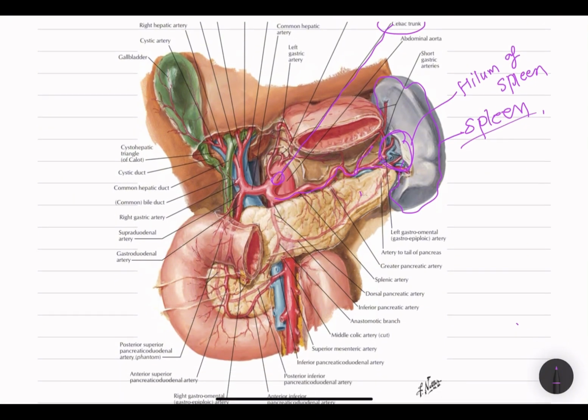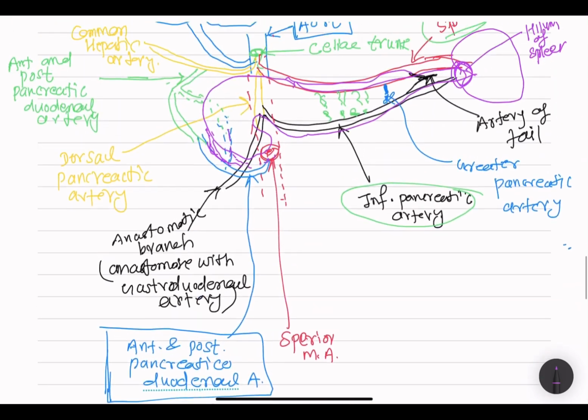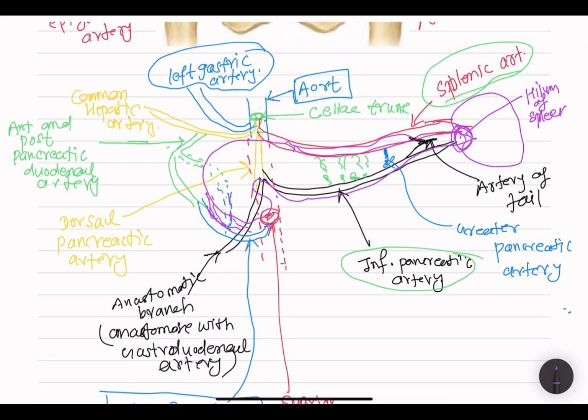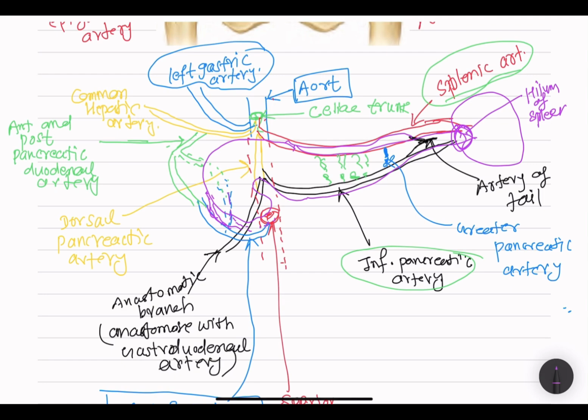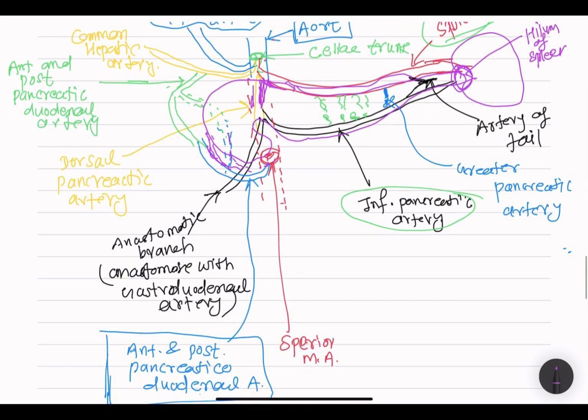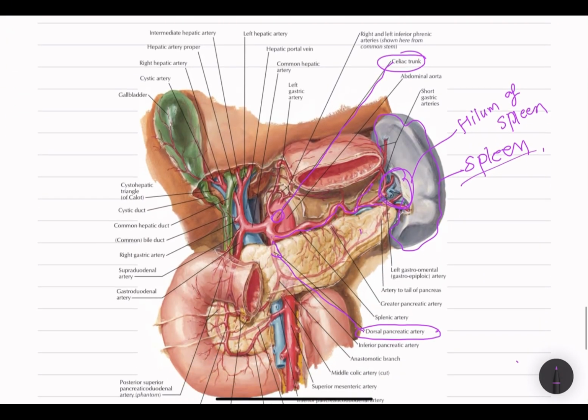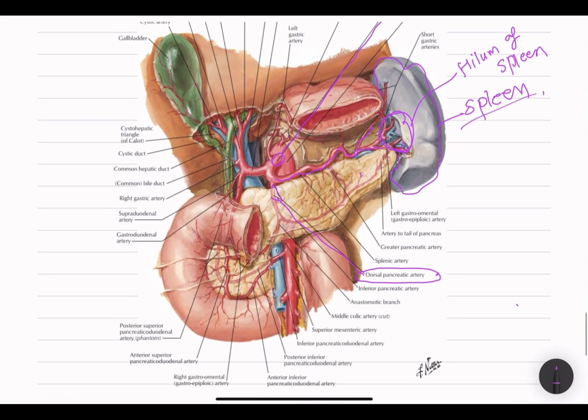And this one, just below the splenic artery, this artery is coming: the dorsal pancreatic artery, which supplies the dorsal part of the pancreas. That's why I drew the rough diagram, to understand the blood supply.